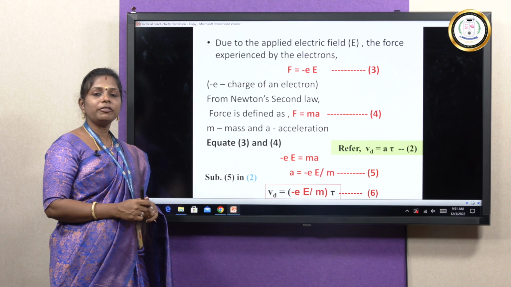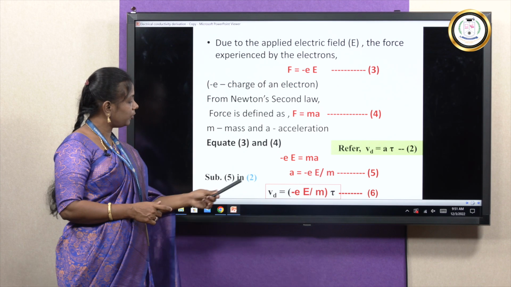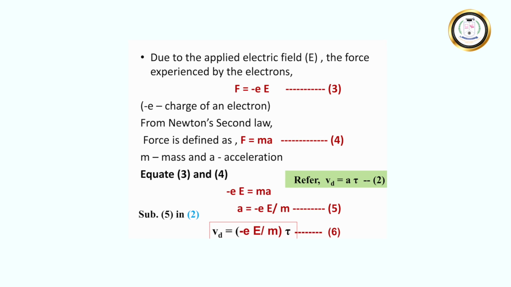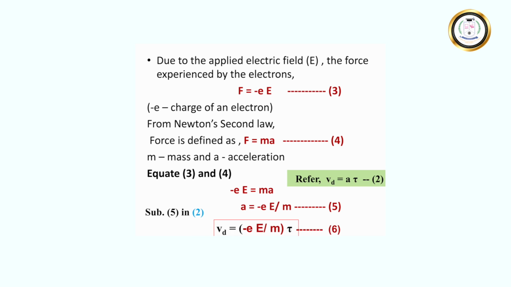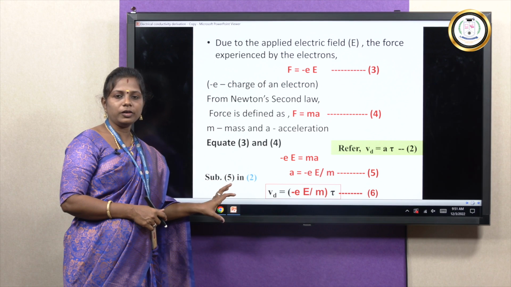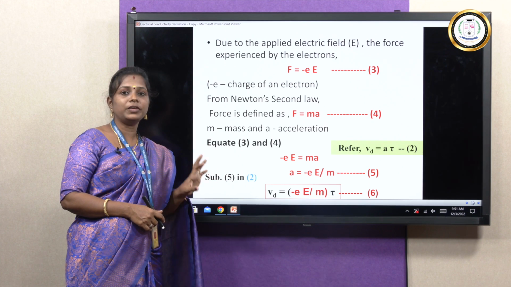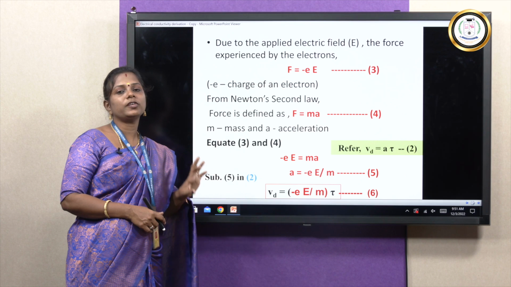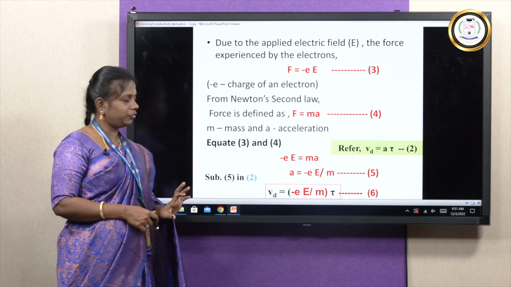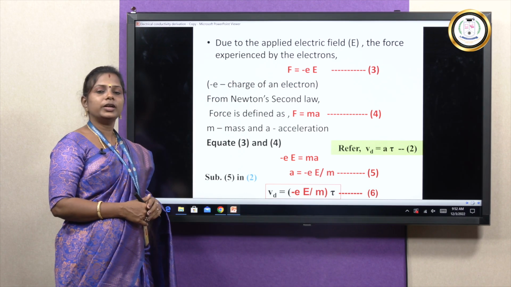By substituting the acceleration term in the drift velocity expression, instead of a we substitute equation 5, so Vd equals minus eE by m into tau. This is the expression of drift velocity obtained by using acceleration, which we derived by the application of an external electric field on the electrons. Equation 6 gives the modified expression of drift velocity.